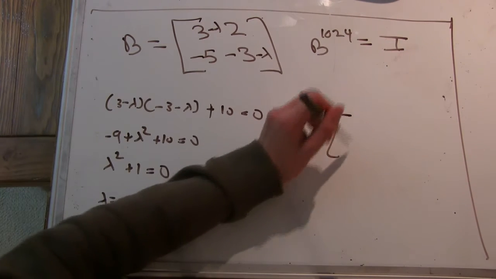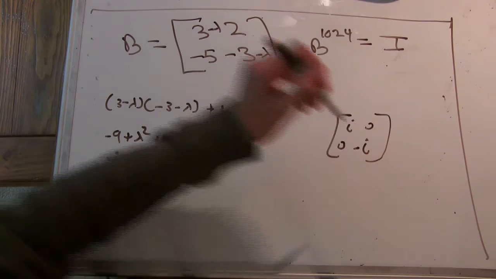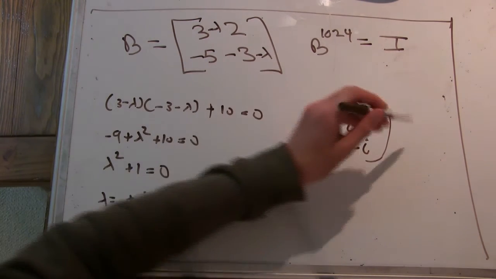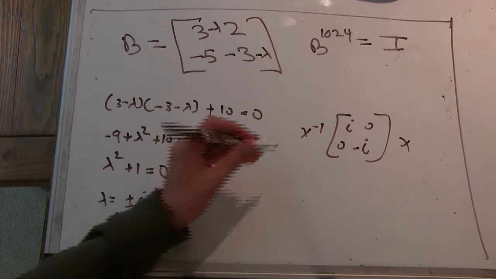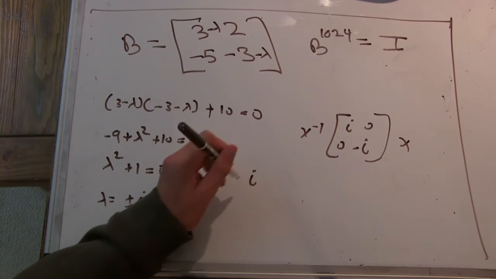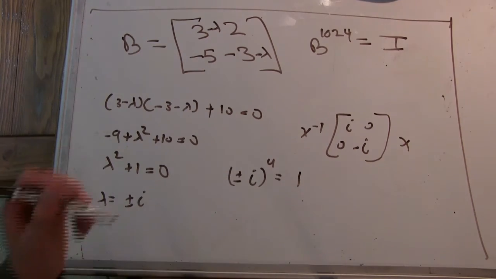It still works though, so i, minus i, 0, 0, like that, and then times X inverse and X for the two other matrices. So we know that plus or minus i to the 4th equals 1.